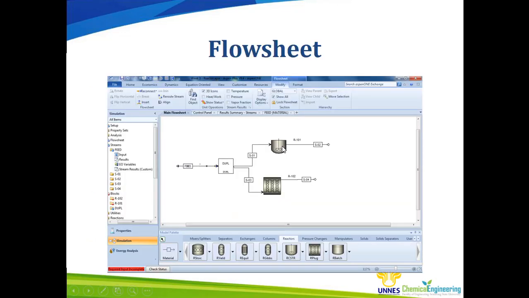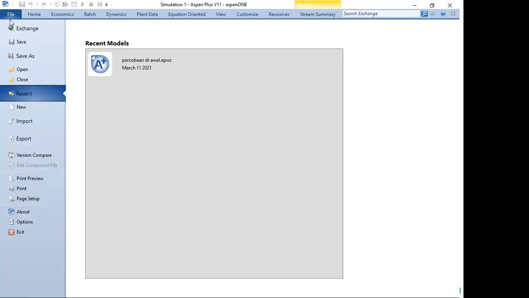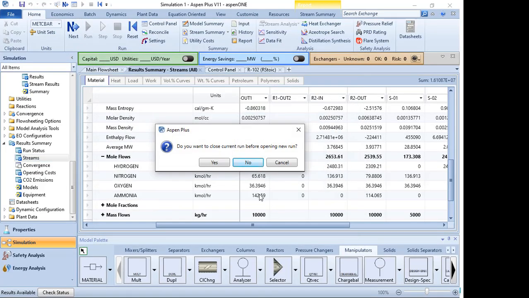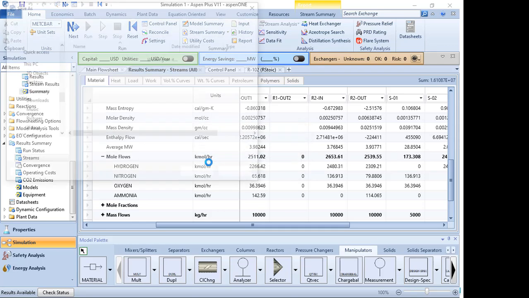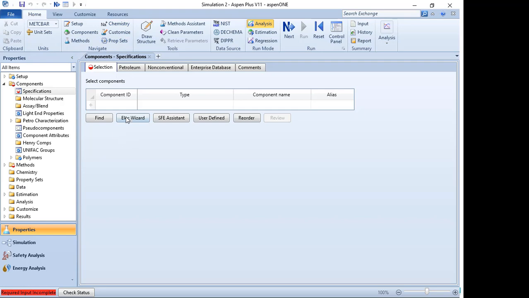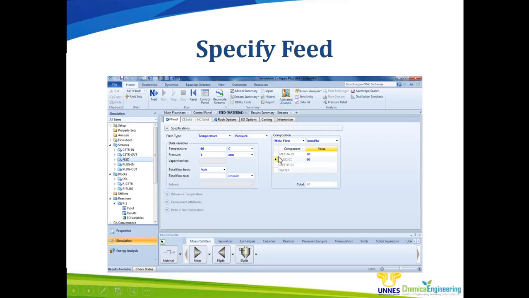Okay, let's start this simulation, and I have to clean it first. I will click new, blank, create. Yes, cancel. Okay, I already have the new simulation here.